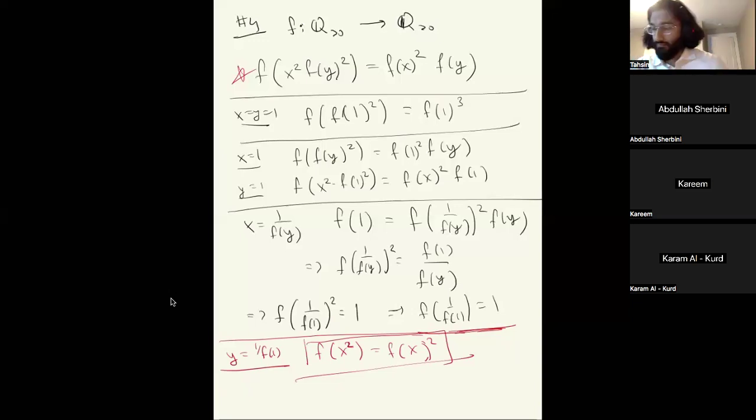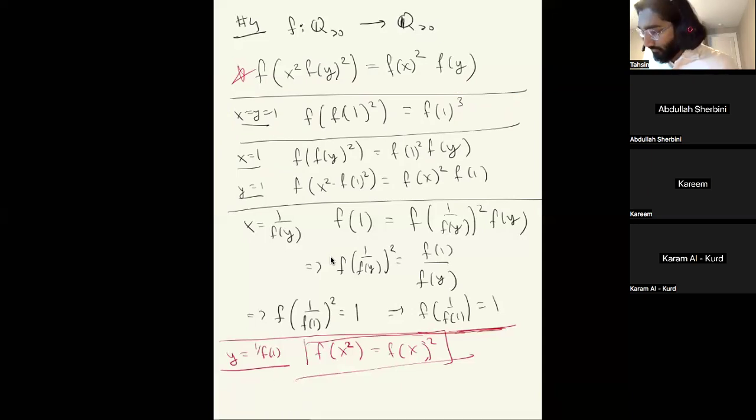I'm not sure if it helps, but I think we can prove f of y is a square. How do we do that? In the first equation, we just use the last equation: f of x squared f of y squared equals f of x f of y all squared.